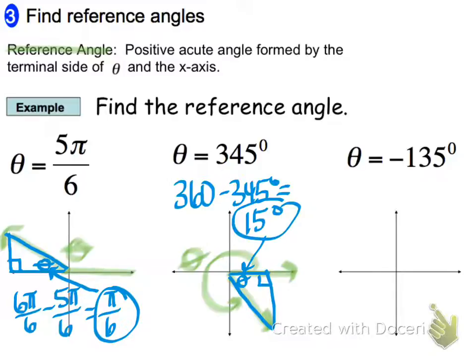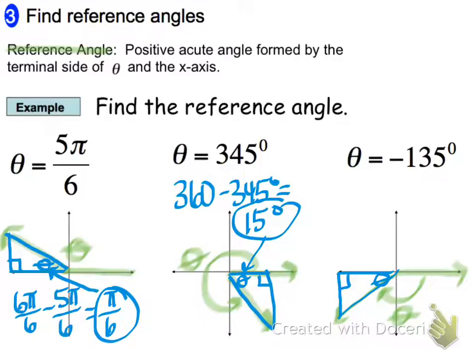Negative 135 degrees. Once again, let's go ahead and draw negative 135 degrees. So now we're going in the negative direction. We'll once again start our initial side here. And if I go 135 degrees negative, it looks like we're going to end somewhere in quadrant 3 down there. Now, if I draw this triangle, I'm going to bring my altitude to the x-axis and get my acute angle on the inside here.